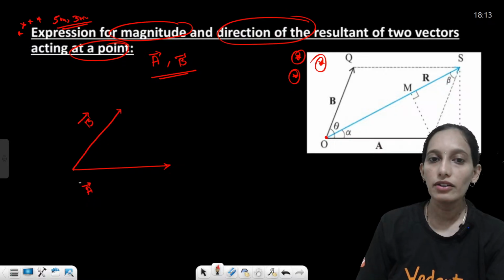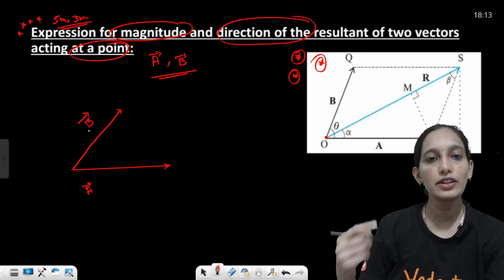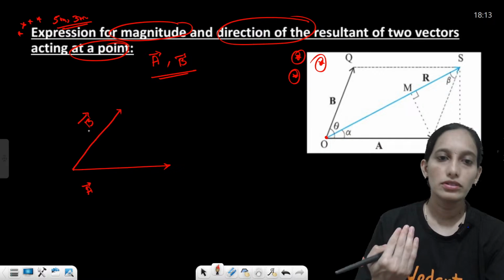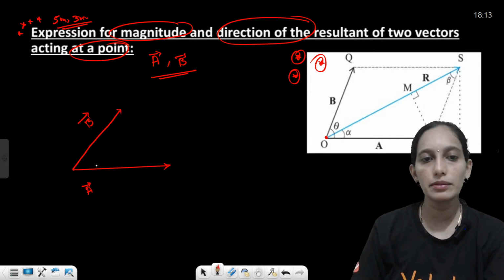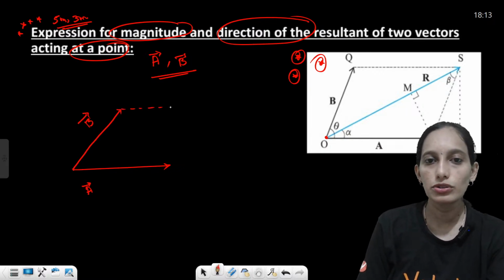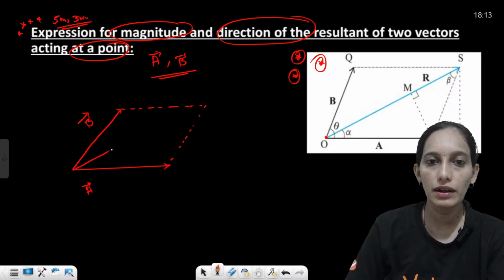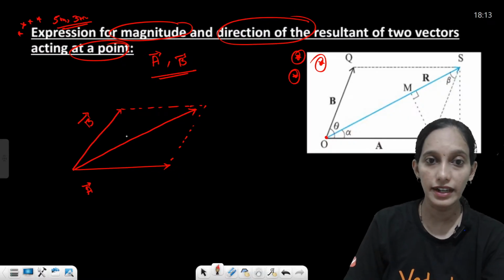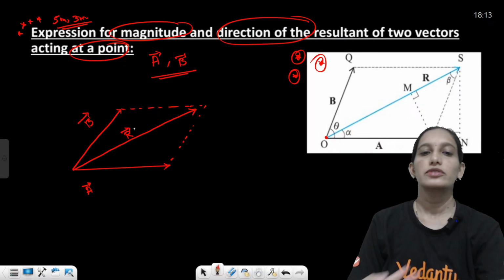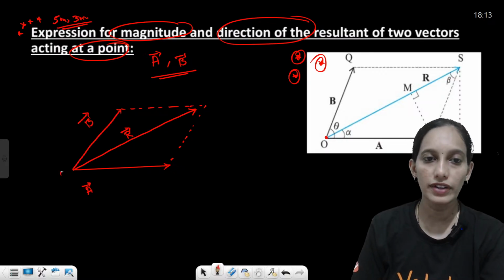Now if I want to find the resultant, I know by the graphical method it is nothing but the diagonal of the parallelogram that passes through these two common points. This is the resultant.